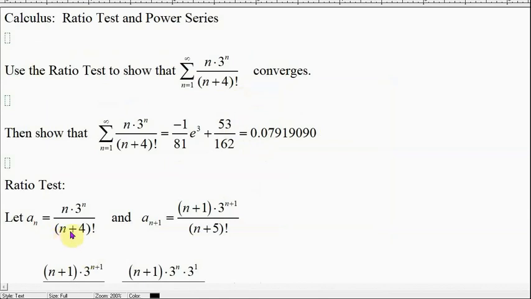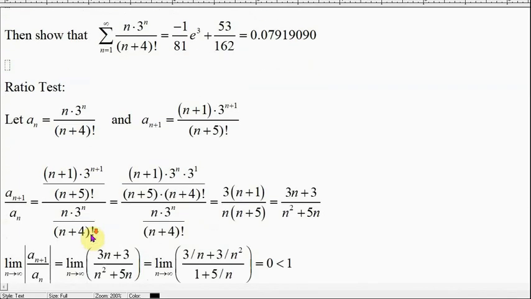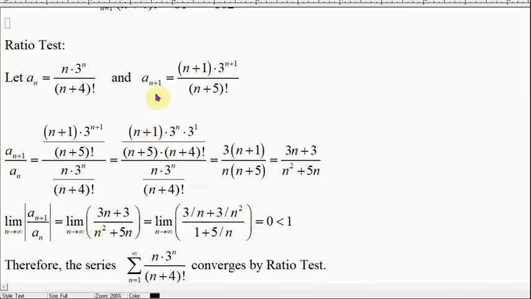Let a sub n be the expression n times 3 to the n over (n plus 4) factorial. So a sub n plus 1 will be (n plus 1) times 3 to the n plus 1 over (n plus 5) factorial. And then the ratio a sub n plus 1 over a sub n will be this expression over this expression.